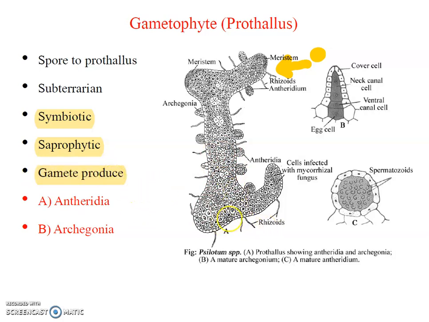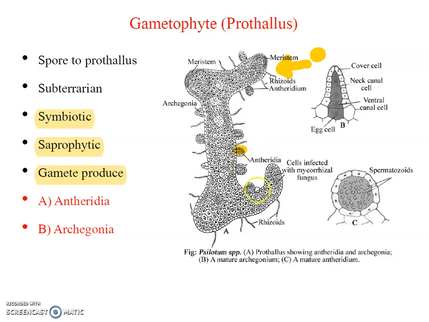The difference here is that the gametophyte of Psilotum is saprophytic. Remember, two types of gametes are produced. One is the male organ, called the antheridia.